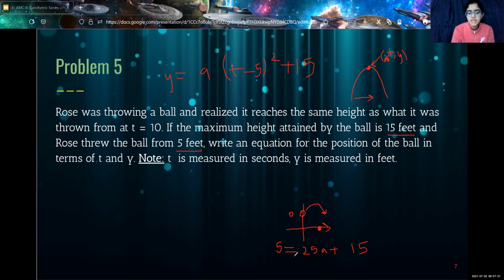Just to make it easier on us, let's divide it by 5 first, right? Smaller numbers are better, right? So we get 1 = 5a plus 3, right?